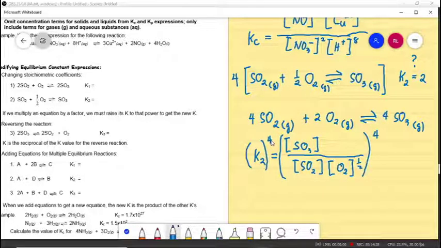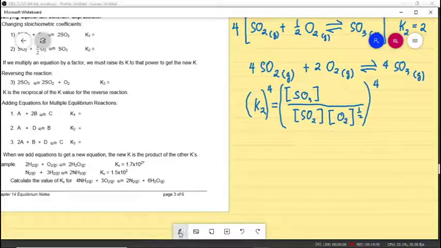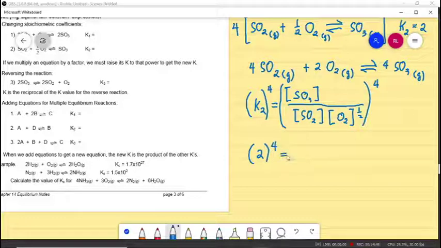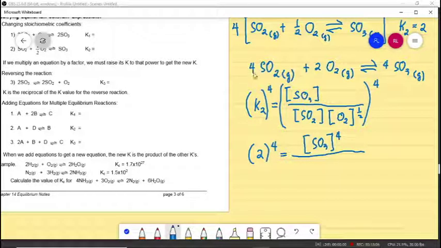Okay? So, if we are going to substitute this one, then therefore this becomes, your K sub 2 is 2, so raised to the power of 4 is equal to, we have raised to the power of 4, which is consistent with the coefficient here, and then here, using the law of exponent, this is 4 times 1 because you have 1 here.